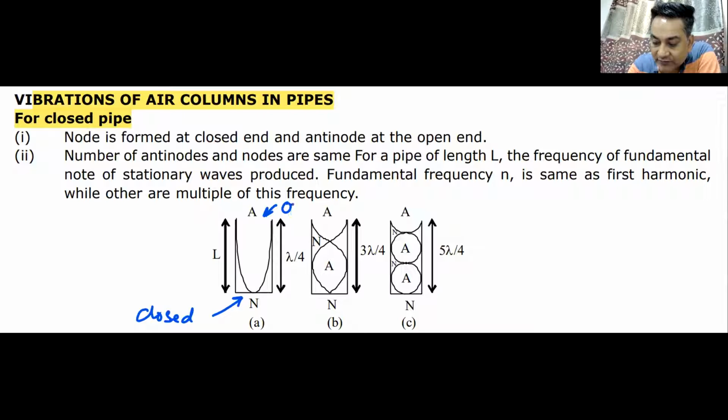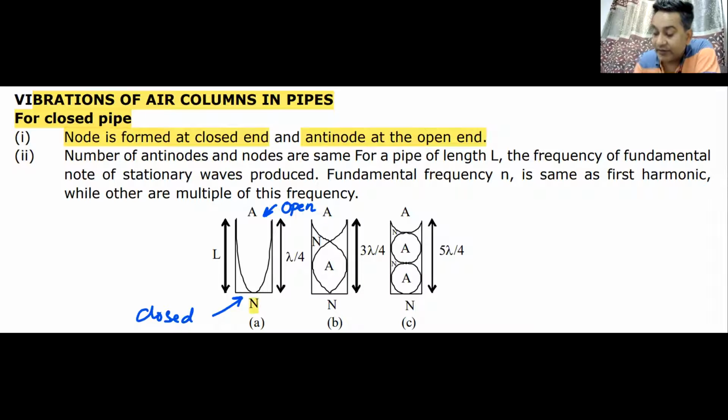Do we see this? Yes or no? Yes, sir. Closed at one end and open at the other end. Remember, the most important thing here is a node is formed at the closed end and an antinode is formed at the open end. Do we understand this?